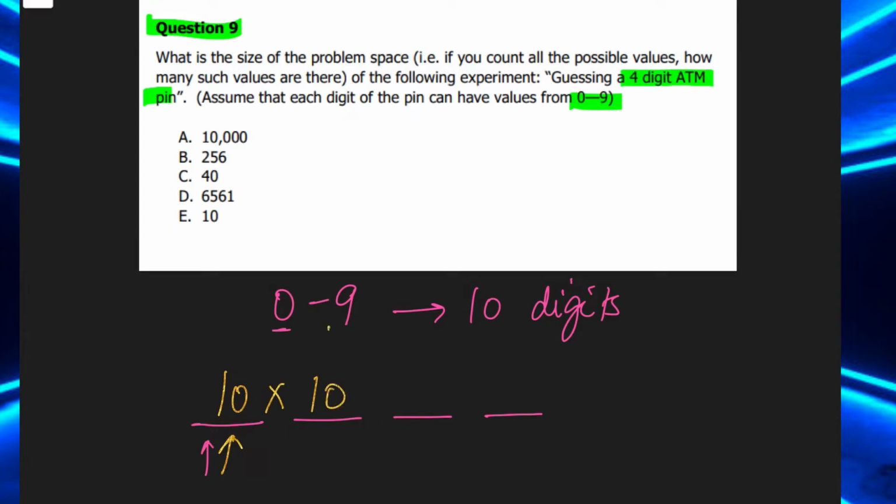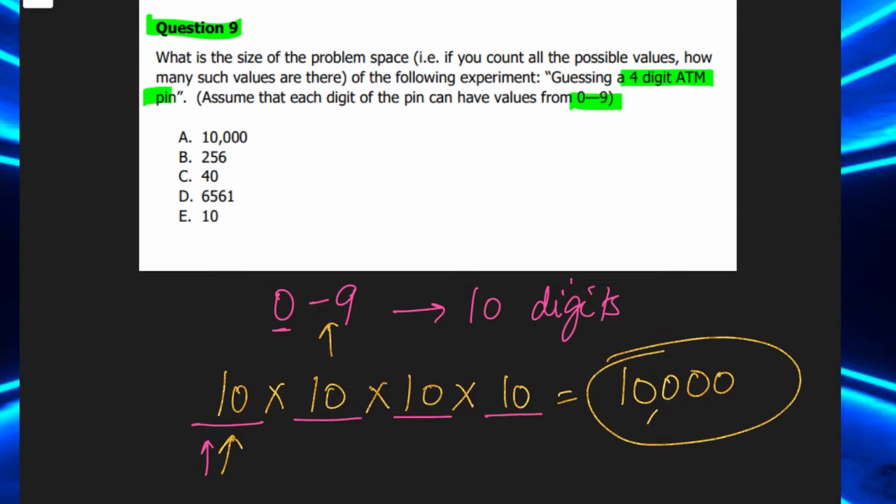So for the second place, we again have 10 digits to choose from. For the third place, we have another choice of 10 digits, and another 10 digits. So we have 10,000 such possibilities. We can make 10,000 ATM pins using 0 to 9. So the answer is A.